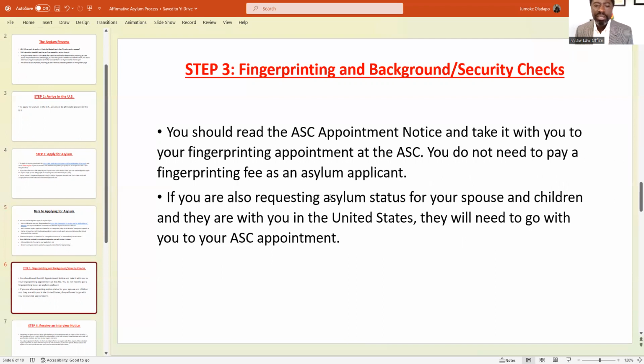You should read the ASC appointment notice and take it with you to your fingerprinting appointment at the Application Support Center. You do not need to pay a fingerprinting fee as an asylum applicant. If you are also requesting asylum status for your spouse and children, and they are with you in the United States, which is a requirement to physically be here, they will need to go with you to your ASC appointment.